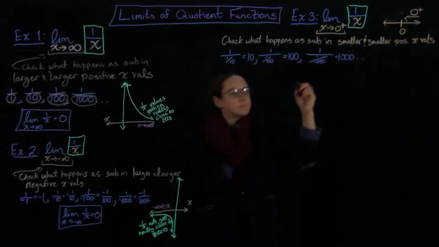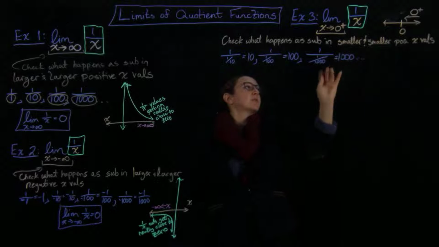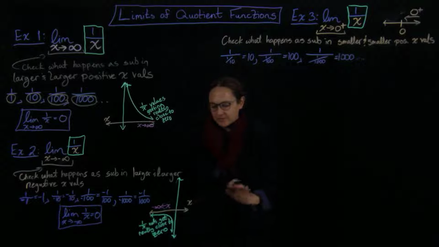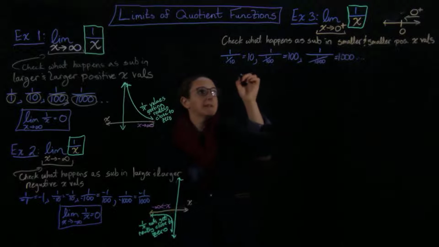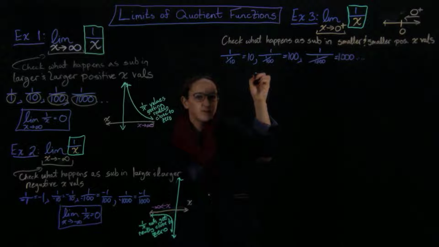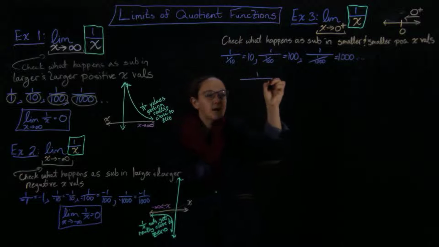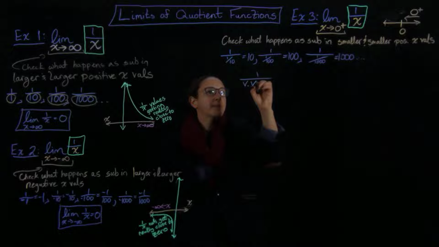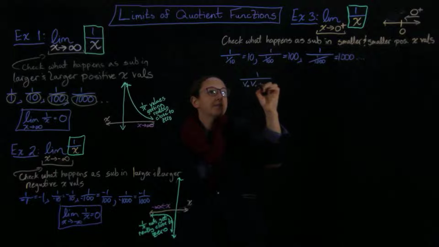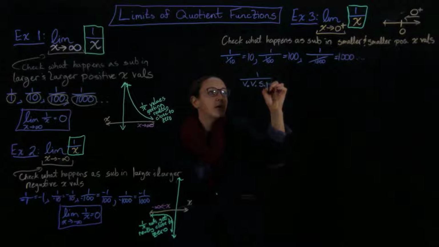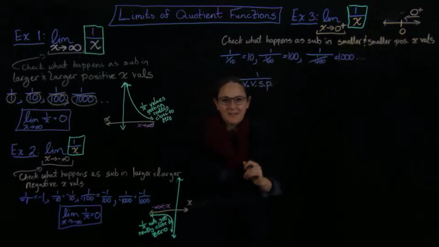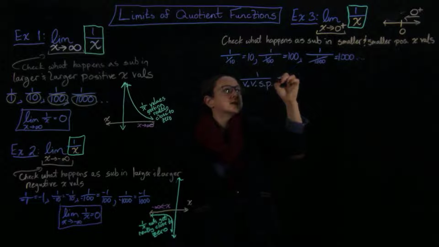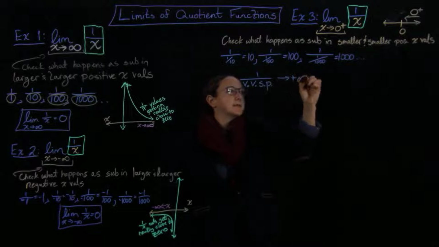Okay? So there's a principle here, and I've heard people describe it like this before, and I like it, so I'm going to give this to you also. What happens if I get very, very small positive on the bottom, like I have here, that's going to approach positive infinity.